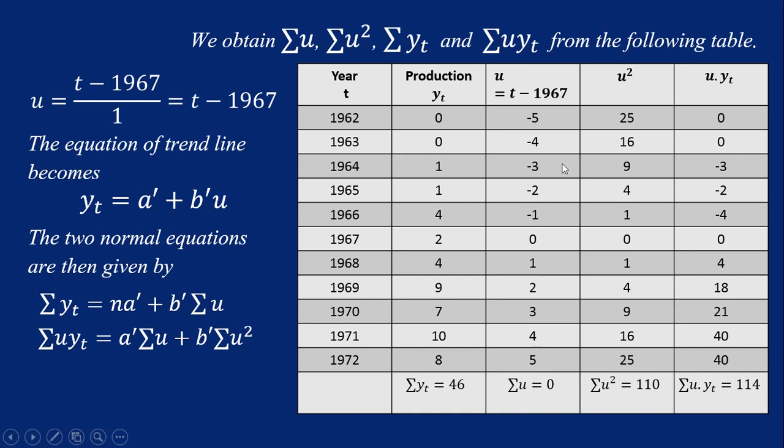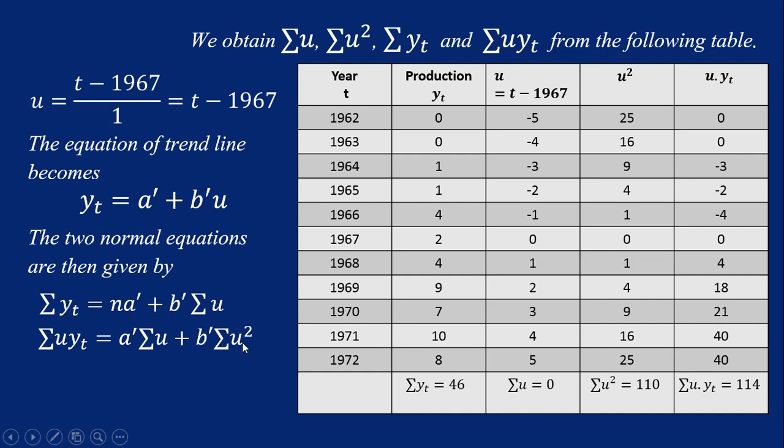Now here we require summation u square. So here summation, here summation, here summation, and here summation. Where there is a summation, we have to make a column for those terms. Here summation yt is there, so we have a column for yt. Summation u is there, so the next column is u. Addition of all the values will give summation u.